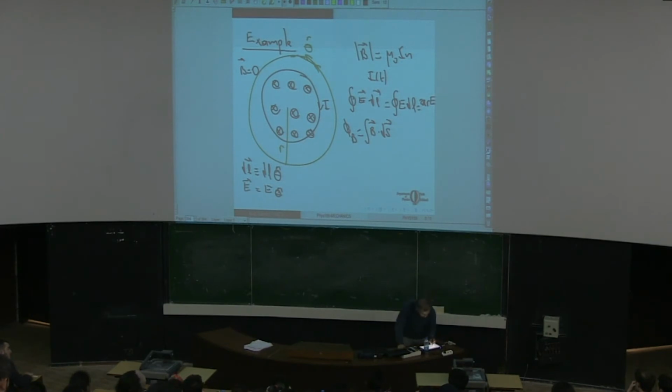Let's say the radius of this solenoid is large R, so the flux will be mu 0 I n pi R squared. Positive or negative? It's negative. That's minus.